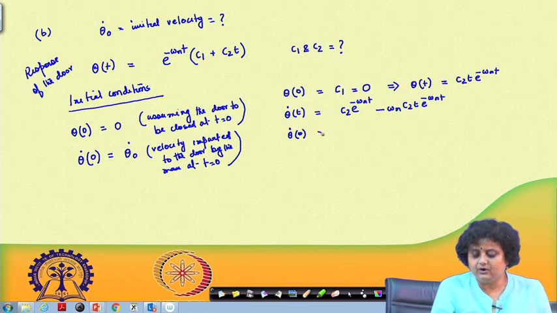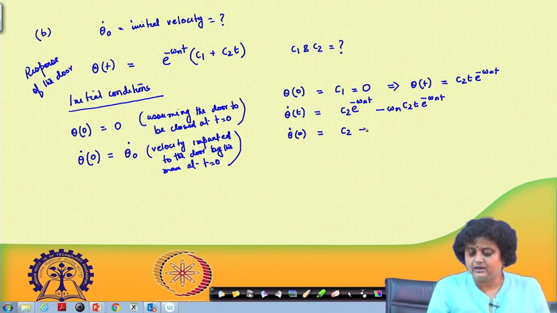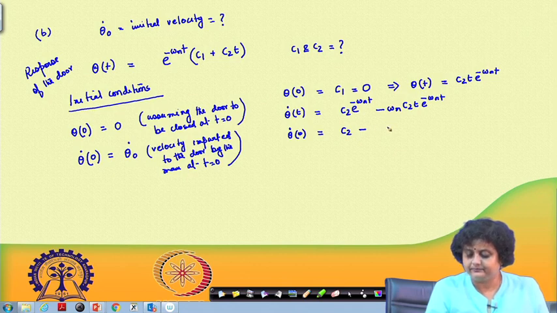Theta dot 0 is going to be C2 minus omega n into 0 times C2, so that is 0, and that is equal to theta dot 0.